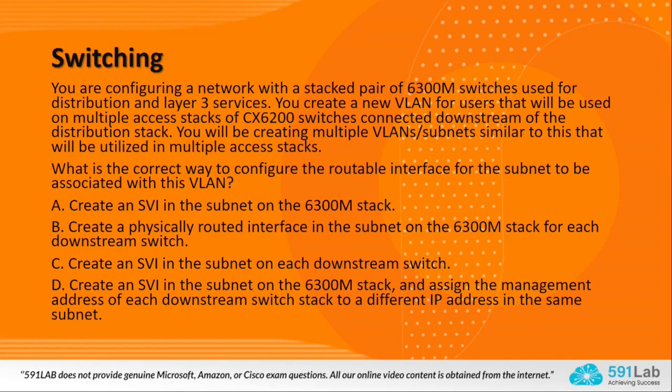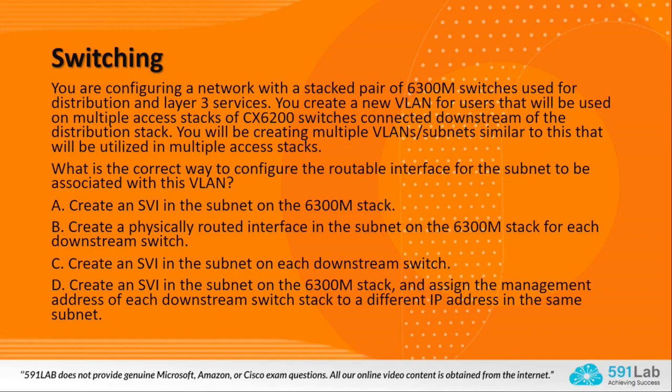You will be creating multiple VLAN subnets similar to this that will be utilized in multiple access stacks. What is the correct way to configure the routable interfaces for the subnet to be associated with this VLAN?